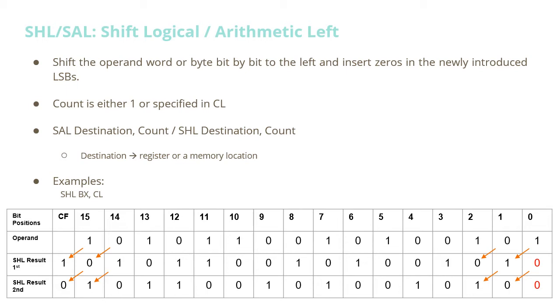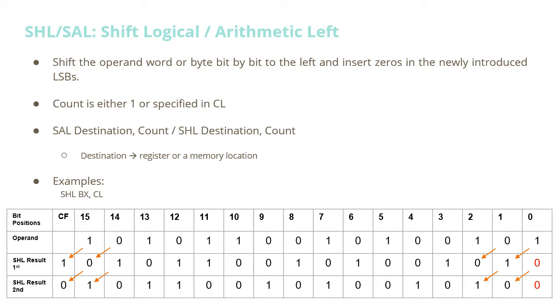When the operand is shifted the first time, the bit in the MSB position, that is the 15th bit, will be moved to the carry flag, and then the 14th bit will be moved to the 15th bit, and likewise. When the 0th bit is shifted to the first bit position, the 0th bit becomes empty, and then a value of 0 will be inserted there.